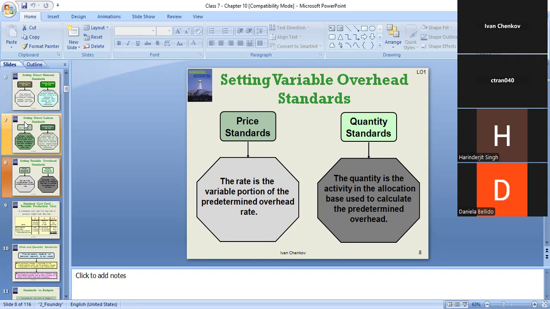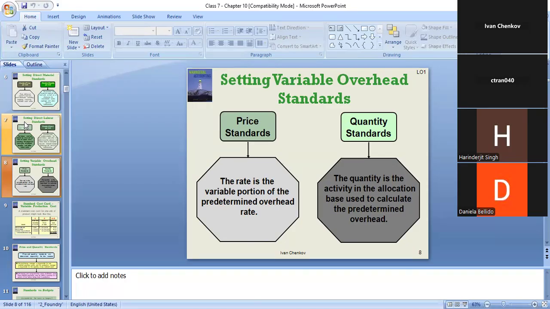We're going to have estimation of the cost, we have the estimation for the usage of the allocation base, and we're going to come up with the price. And then we're going to have the quantity standard. The quantity standard will be the activity and allocation base, which are used to calculate that predetermined manufacturing overhead.